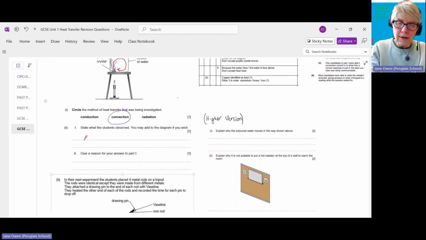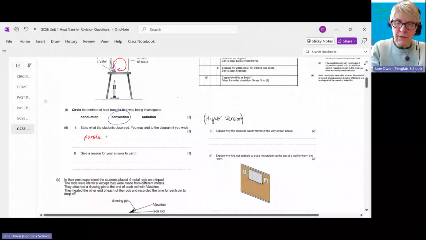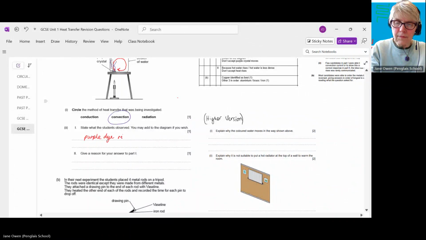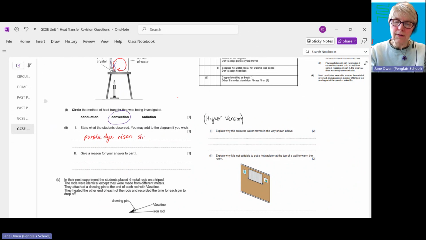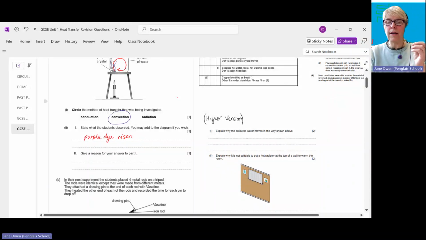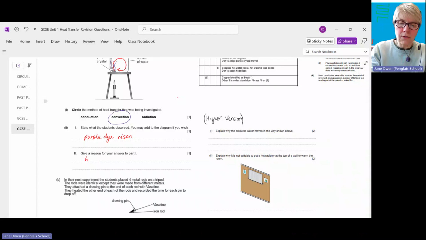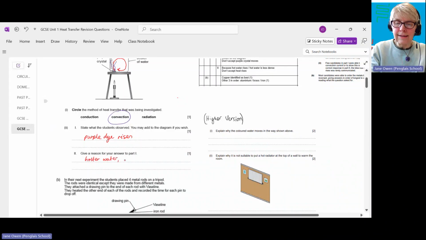So: purple dye rises, showing convection. They want you to say what happened, and then you can give your reason: because hotter water is less dense and rises.